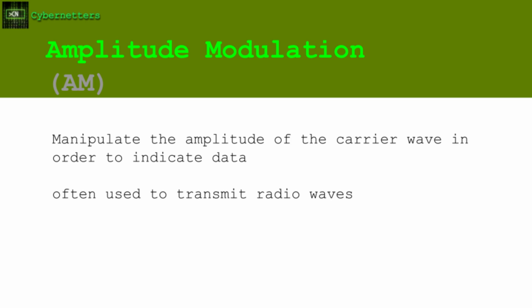What FM does is change the frequency, which is the speed of the wave oscillations, to represent data. FM is more commonly used in digital communications, such as wireless networking, also known as Wi-Fi, and mobile telecommunications, because it is less susceptible to noise compared to AM.